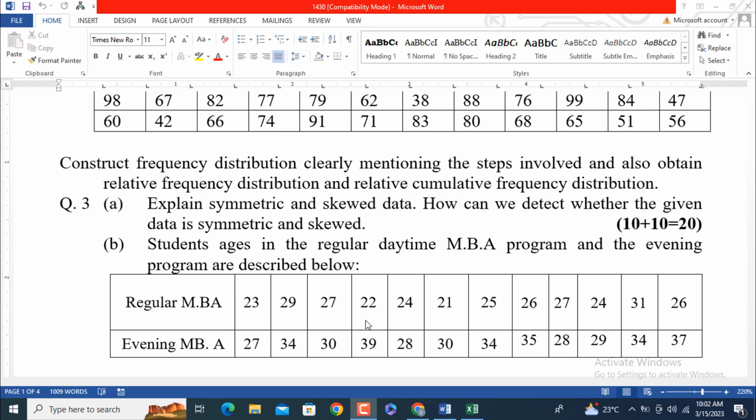The first difference you have to notice is that the students who are studying M.B.A in a regular section, at least the morning section, their ages are smaller than those students who are attending the evening section of M.B.A. It means students who are attending the M.B.A evening session maybe are employed or self-employed persons, or maybe they are running their own businesses.